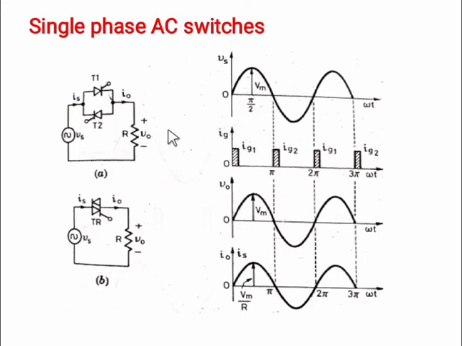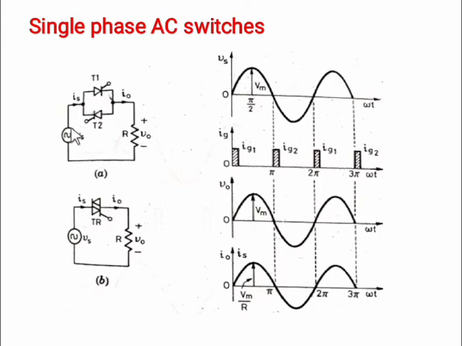Now if we consider the negative half cycle of the source, this point becomes plus. So thyristor T2 is in forward bias conditions and T1 is in reverse bias conditions. If we apply the gate signal Ig2 to thyristor T2, it will turn on, and the load current will flow from the source to the load through thyristor T2.